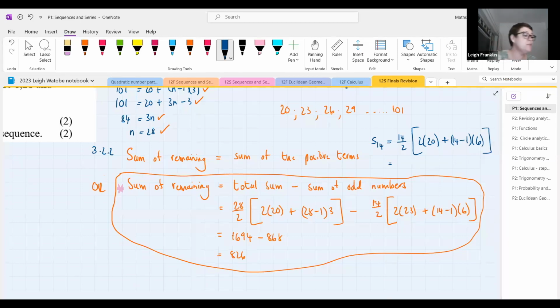So when we pop that into our calculators, we end up with, it should be the same answer. And indeed it is.